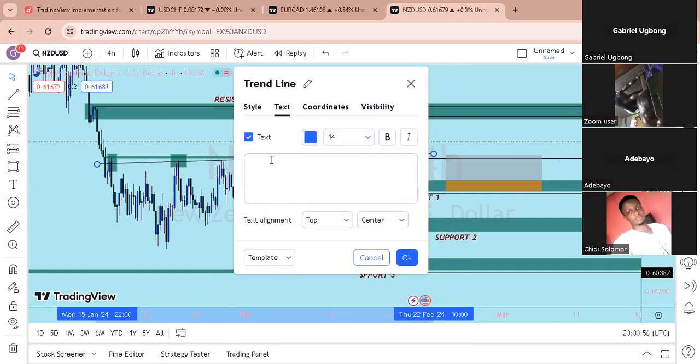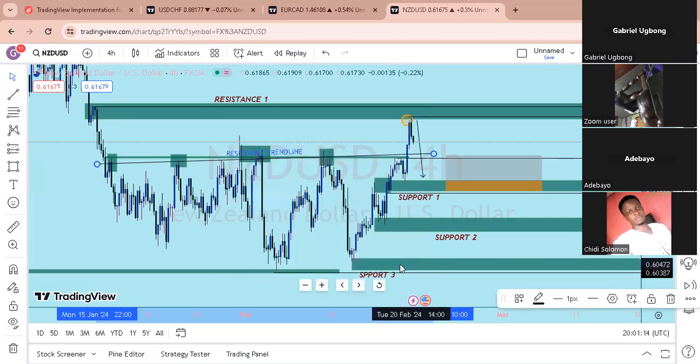Now I'm going to type there: resistance trend line. So I've written the resistance trend line.